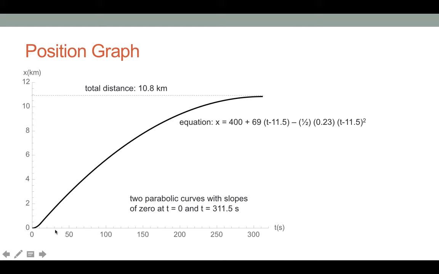And this region right here is it's slowing down and coming to rest. Formally, right here, the velocity should be 0. So the tangent to the curve should be horizontal. And right here, the velocity is 0. So the tangent to the curve should be 0. And this distance right here is the final 10.8 kilometers.